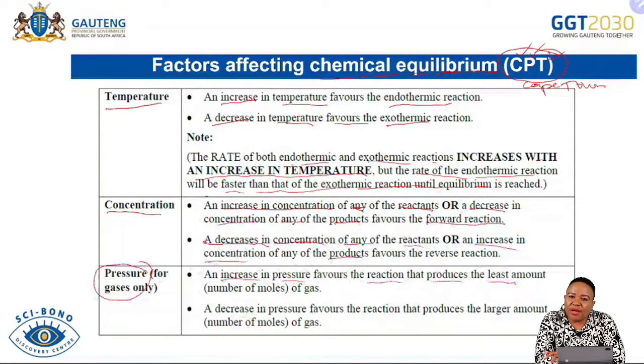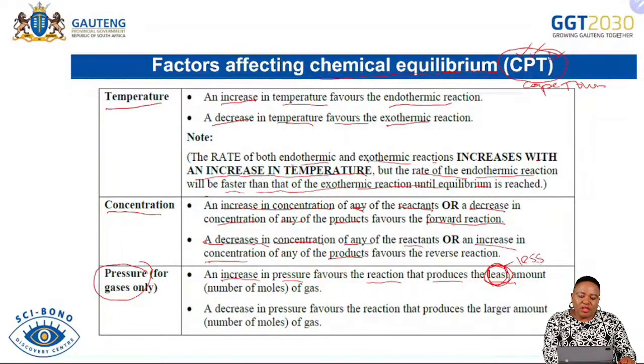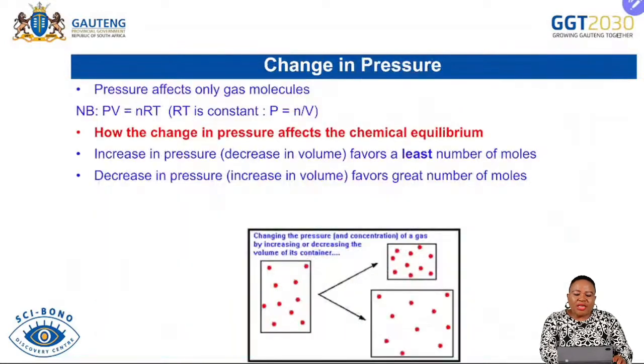When you increase pressure, you check the total number of moles in both reactions. The increase in pressure will favor the reaction which has the fewer moles, and the decrease in pressure will favor the reaction that produces a larger number of moles. These are the factors that affect equilibrium.